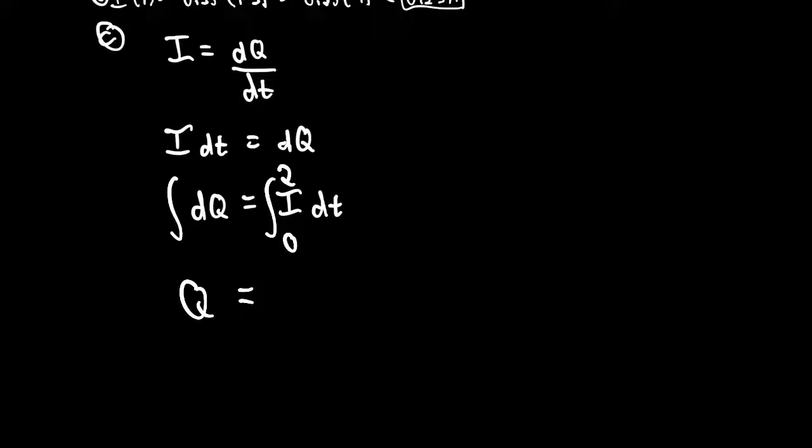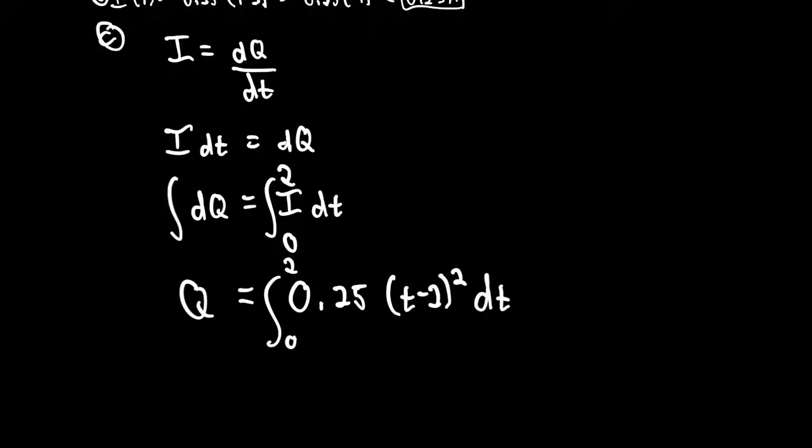And the right-hand side, I plug in my equation for I, which was 0.25 times (t minus 2) squared over that dt. So I plugged in my equation, and now I've got to integrate this. What can I do with the integral? Can I pull anything out of it? I can pull out 0.25. That's perfect.